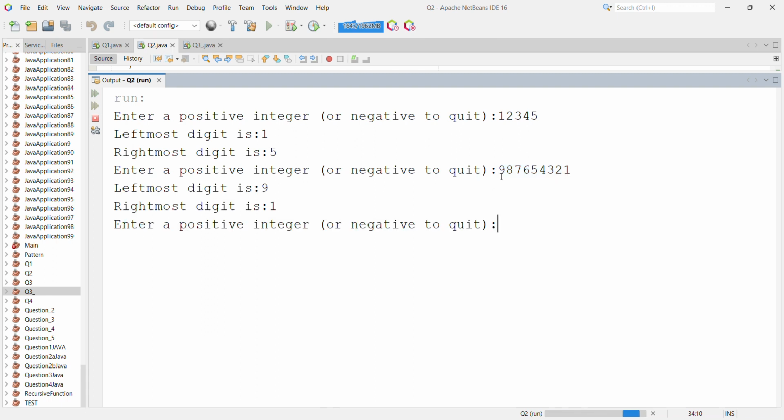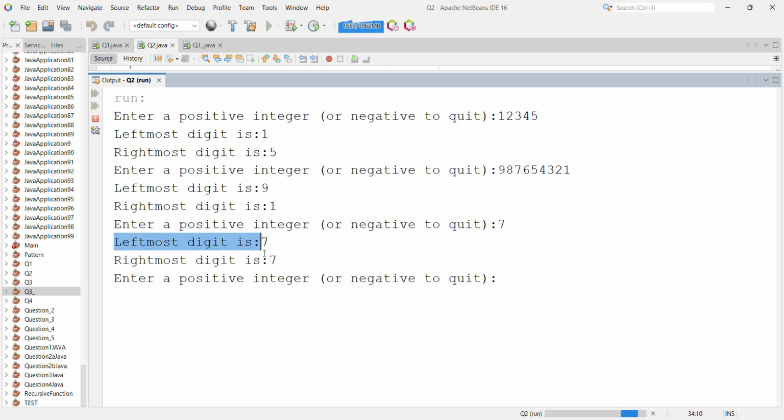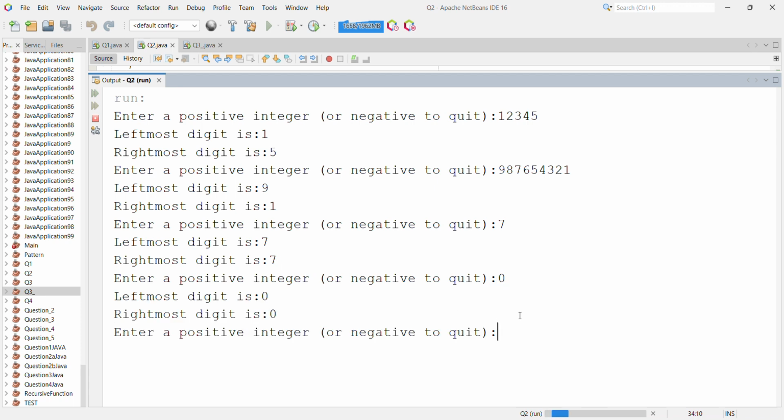Leftmost digit is 9, rightmost digit is 1, and 7, because it has only one digit. So leftmost digit is 7, rightmost digit is 7. And finally, -1, as we can see, the system stopped because we entered a negative value.